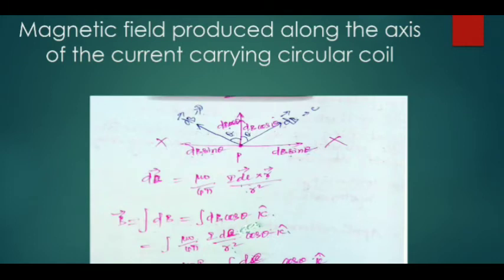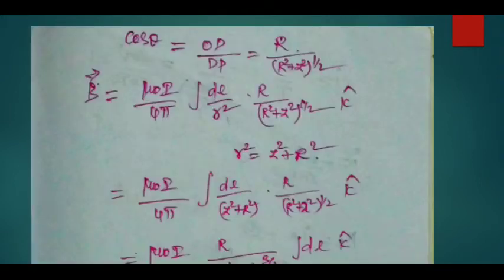Taking mu naught I divided by 4 pi outside, the remaining is integral dl by r square into cos theta into k cap. Do you understand? Now come to this one, cos theta. From the red triangle, cos theta is equal to OD divided by dP.